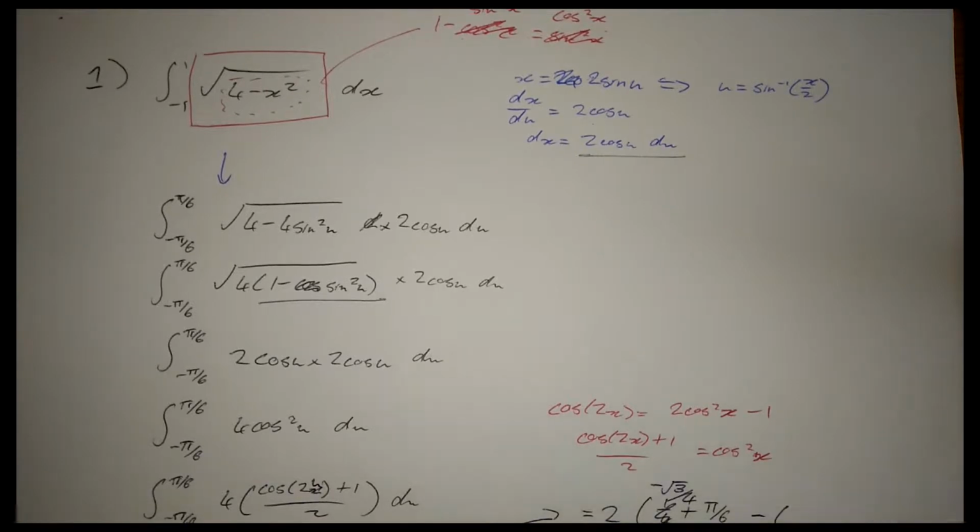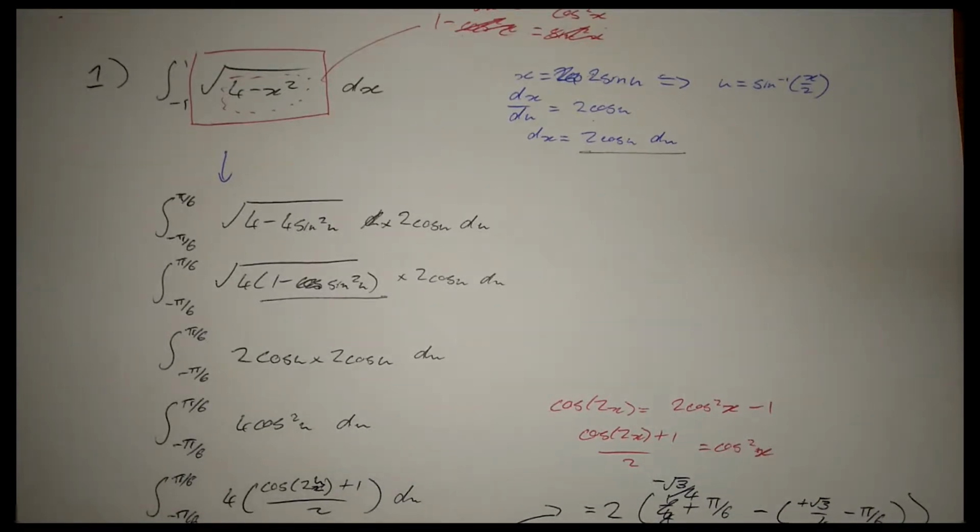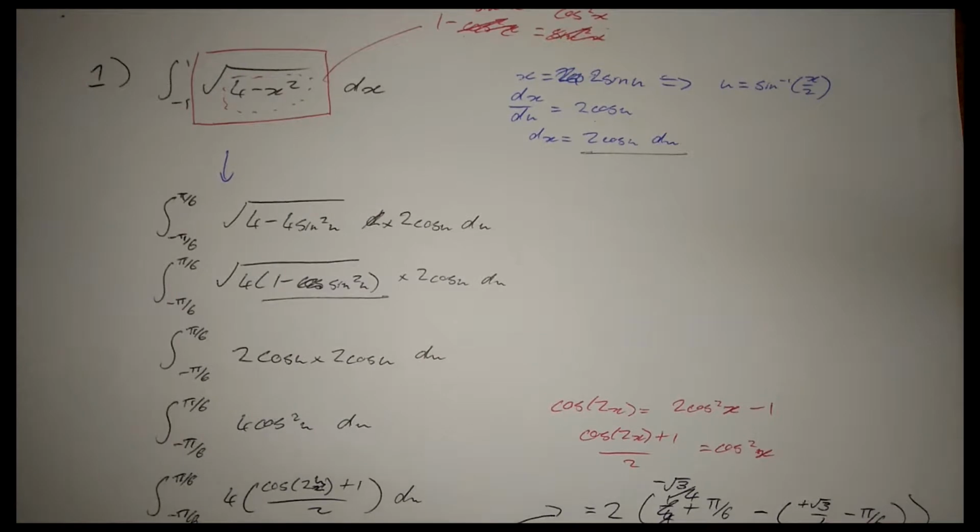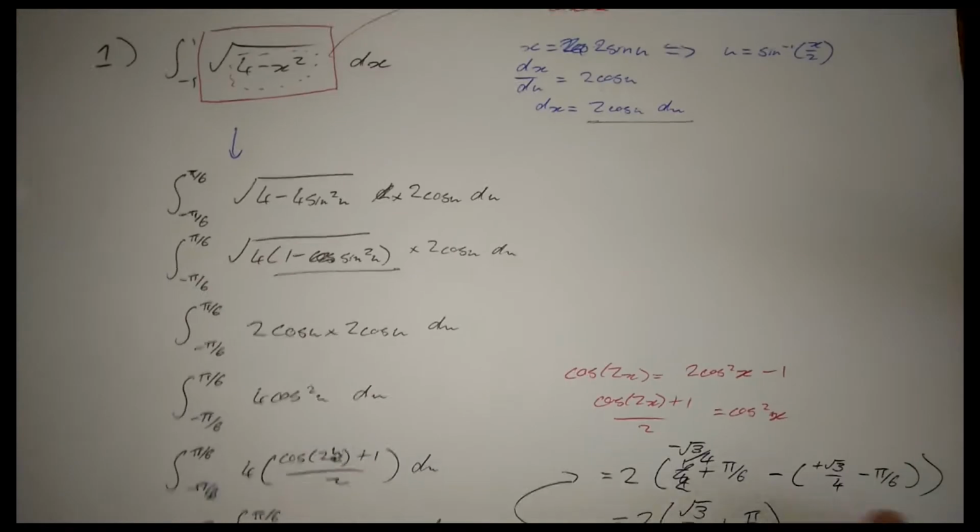So that'd be minus negative a half times negative root 3 on 2, which would just be positive root 3 on 4 minus pi on 6. Which equals root 3 on 2 plus pi on 3, times 2, which equals root 3 plus 2 pi on 3. Done.